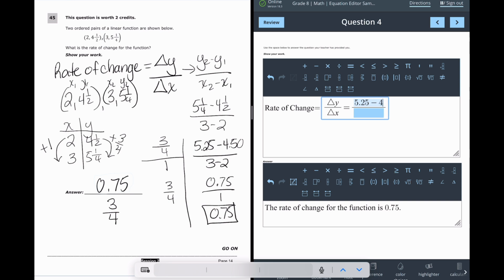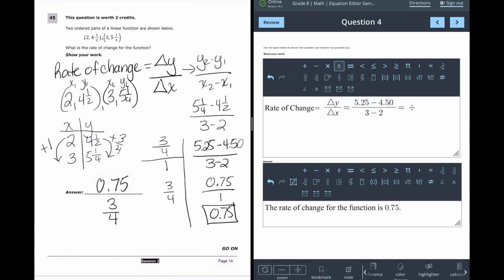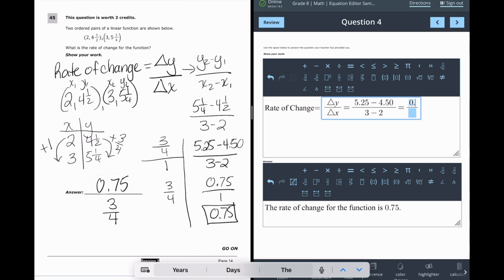Now I would just put in the numbers that I had: 5.25 minus 4.50 over 3 minus 2, which is equal to 0.75 over 1, or 0.75.